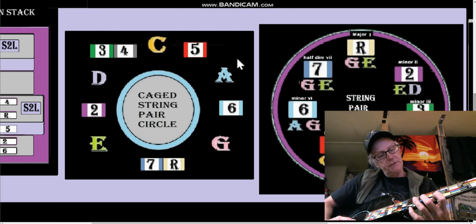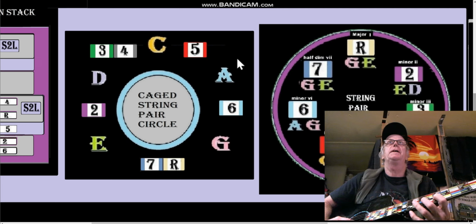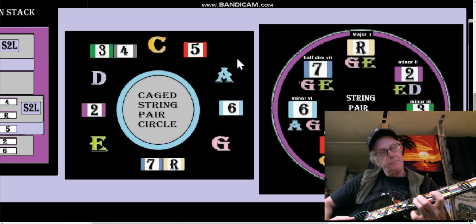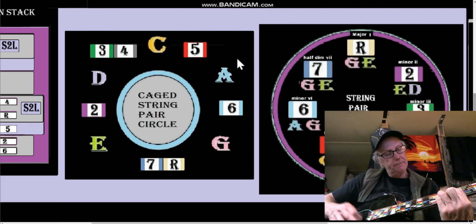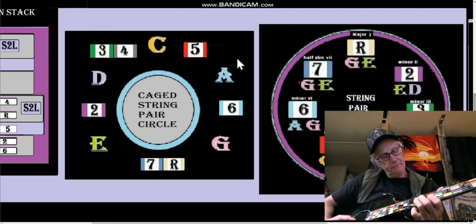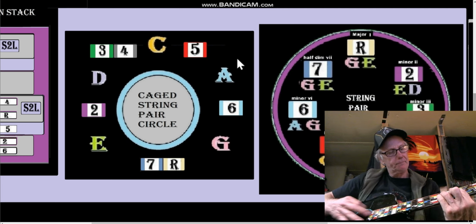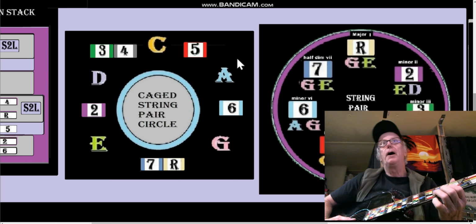So if you're on this G, it would be the G right here. Fifth of G is the D shape, but it's got to warp up. So it goes. Alright, so this.